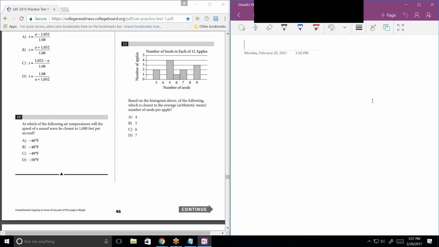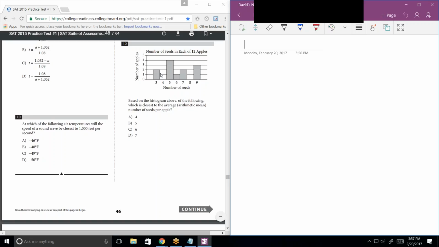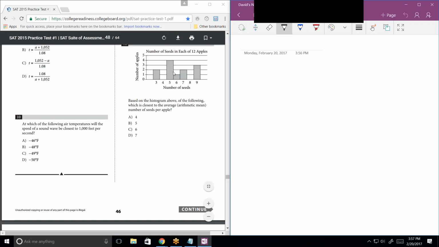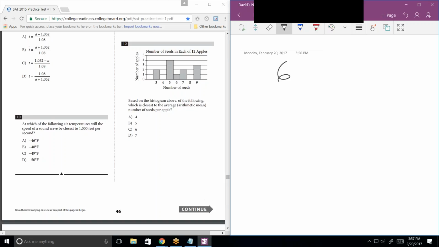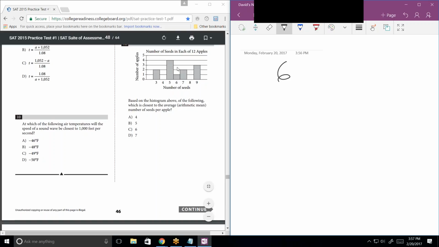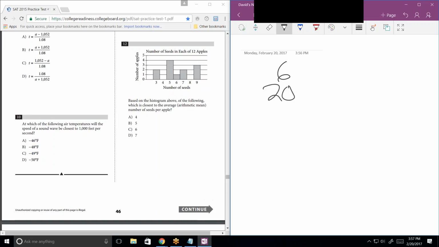Let's see. If we figure out the total number of seeds, we get 3 times 2. We get 5 times 4. We get 6 times 1. We get 7 times 2. And we get 9 times 3.